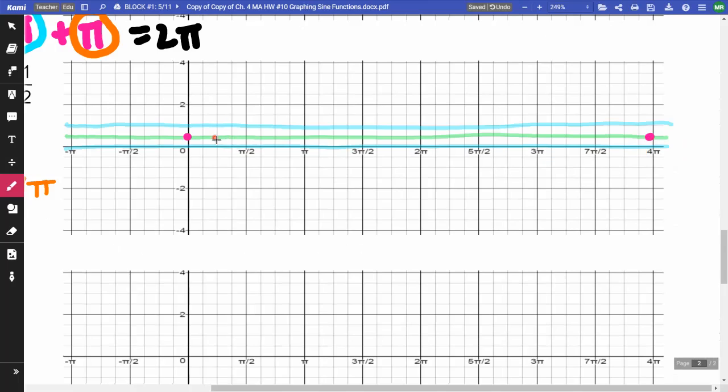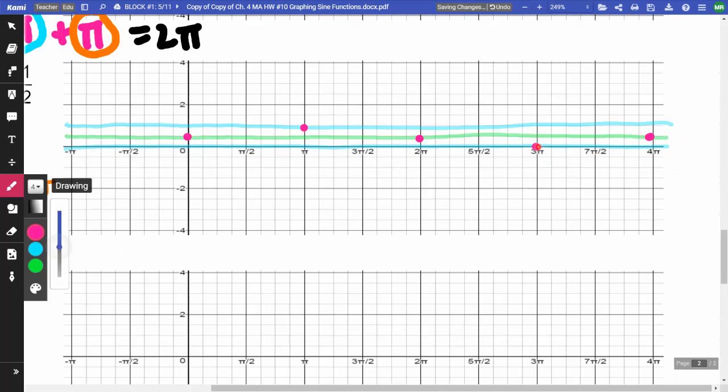And then halfway between 0 and 4 pi is here, which is 2 pi. That's my other 0. Then halfway between these, which is pi, I'm going to be up a half. And then halfway between these, I'm going to be down a half.